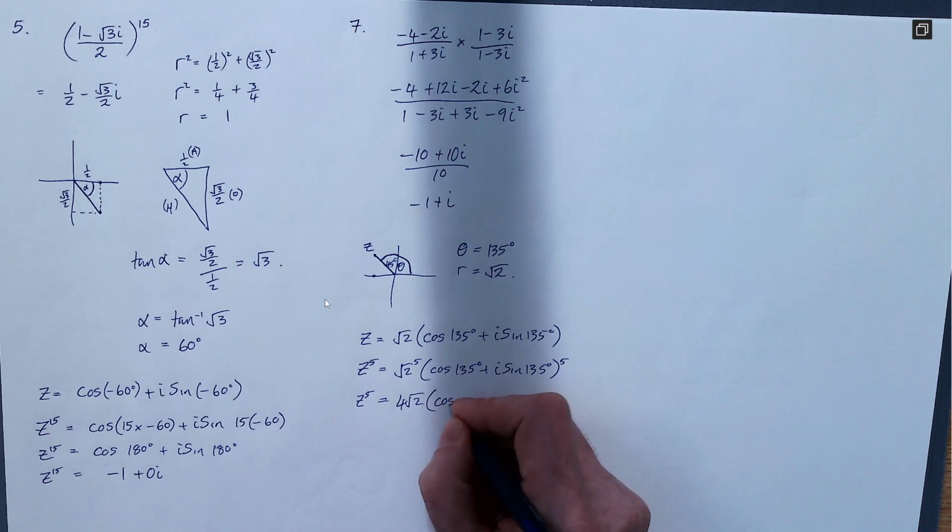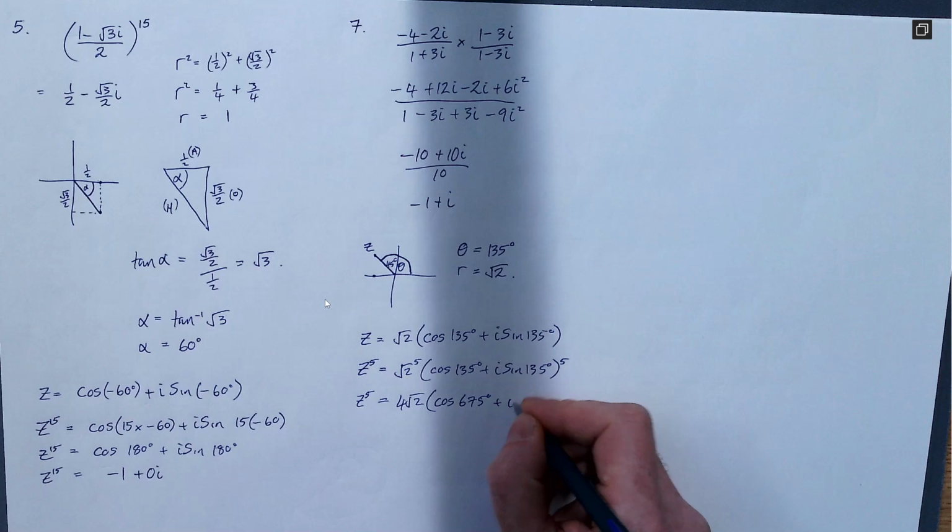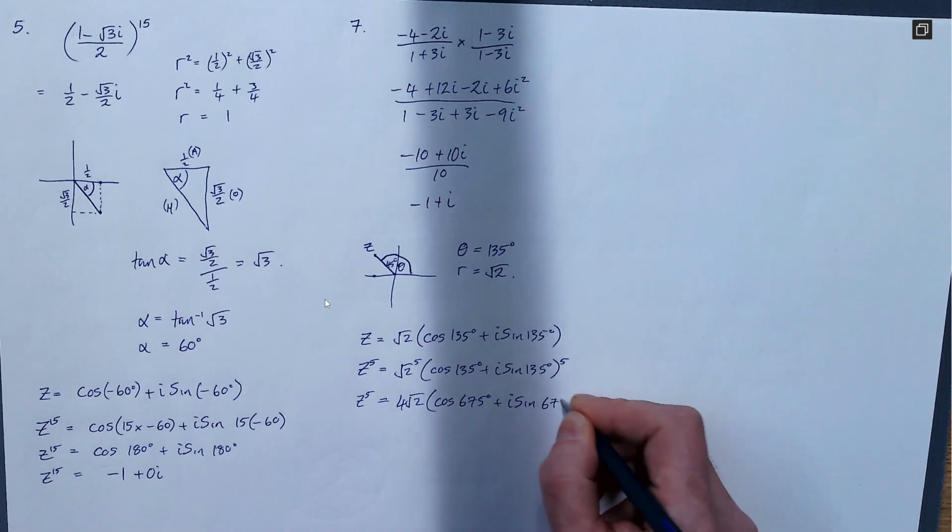So cos 675 degrees plus i sin 675 degrees.